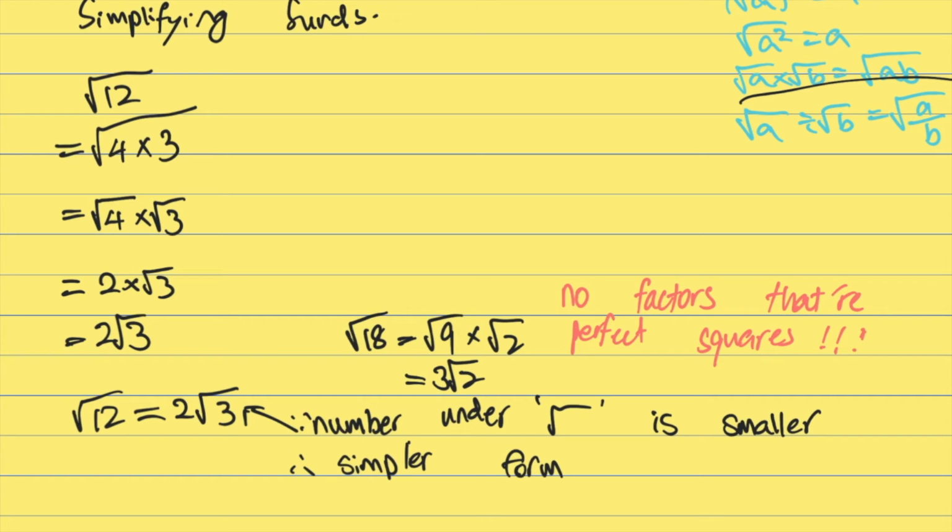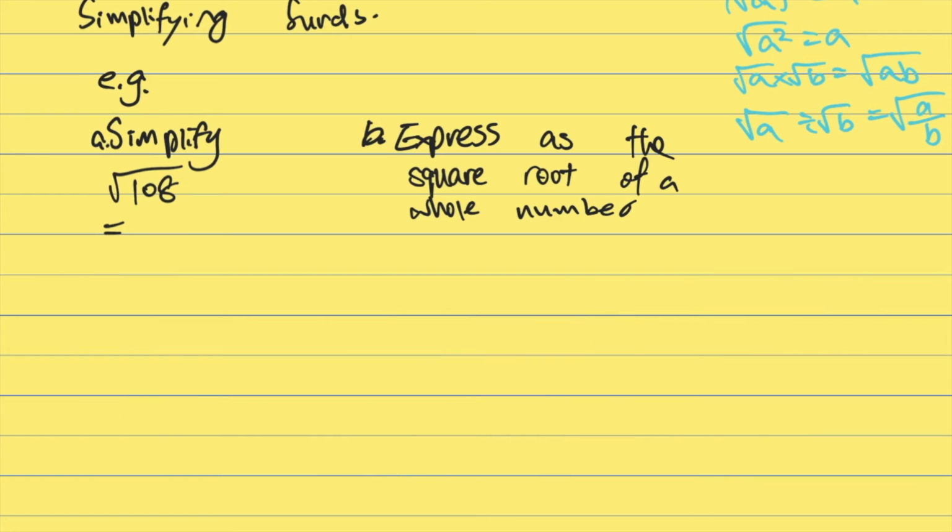Okay, let me give you more examples. Example A, simplify square root 108. We first need to identify the perfect squares in 108. We know that 108 equals 2 times 2 times 3 times 3 times 3. Now let's find the perfect squares. This is a perfect square and this is a perfect square.